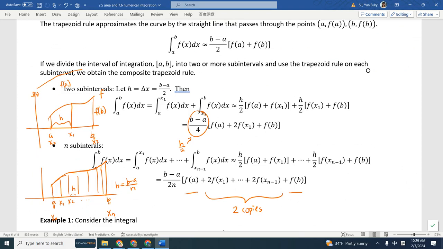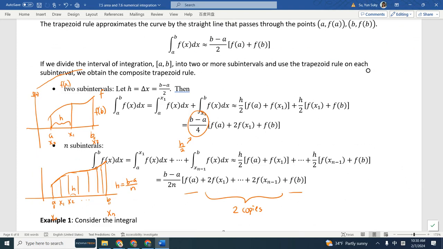And then look at this. We have f of A, but do you see we have two copies of f of x1? Because this height is one side of the left trapezoid and also the side of the right trapezoid. You actually add it twice. And then f of b is one copy. Is that okay, everybody? This is the picture when we have two trapezoids.